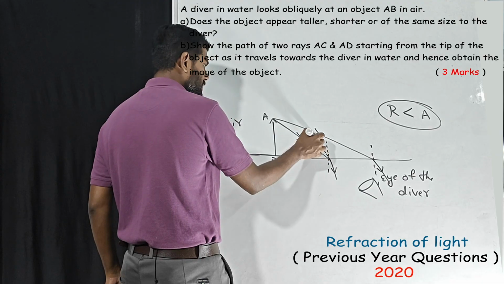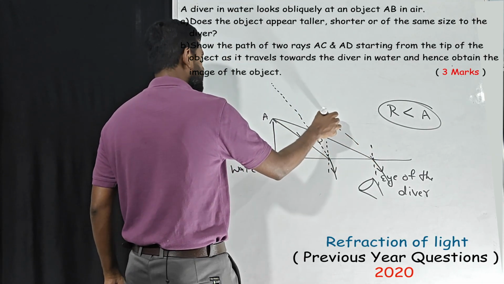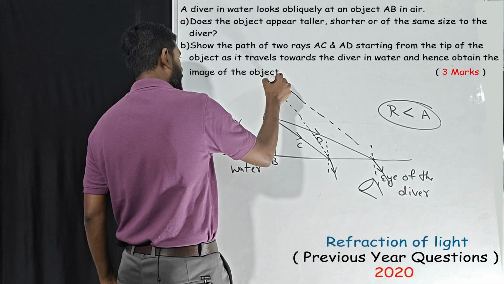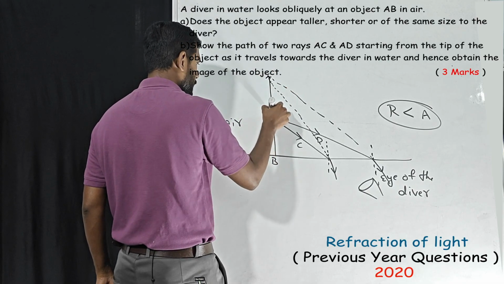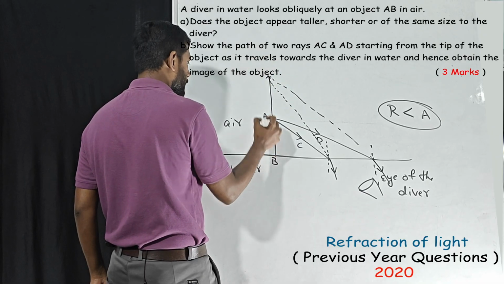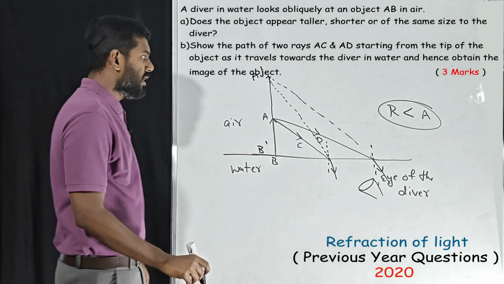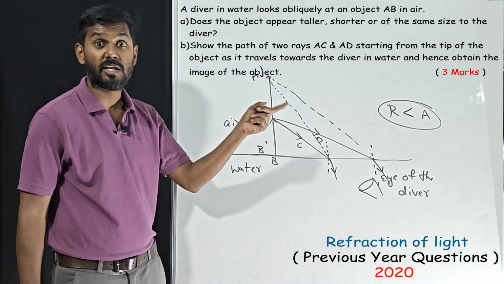Extend these two rays, and wherever these two meet, that is the length he is going to see. So this is the length of the object he is going to see.